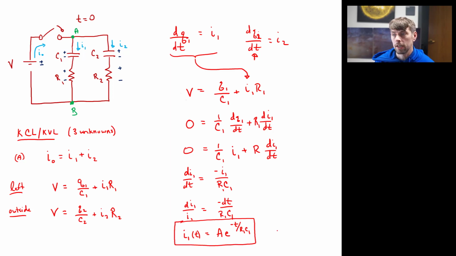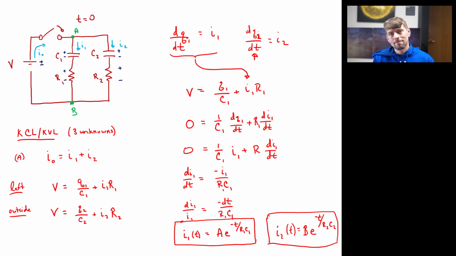In other words, I have an I2 of t, which is some constant. Now, it's a different constant, doesn't necessarily have to be the same, but otherwise it has the exact same form as that first equation, R2C2. And boom, there are the two equations which determine the current through those respective branches.